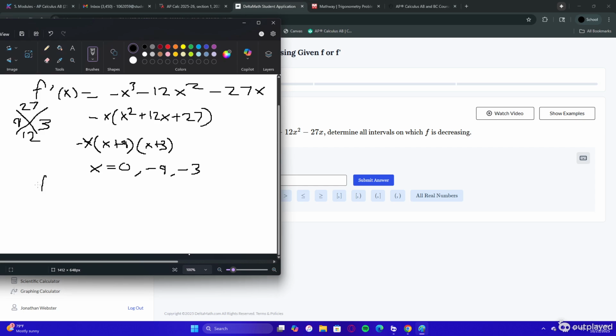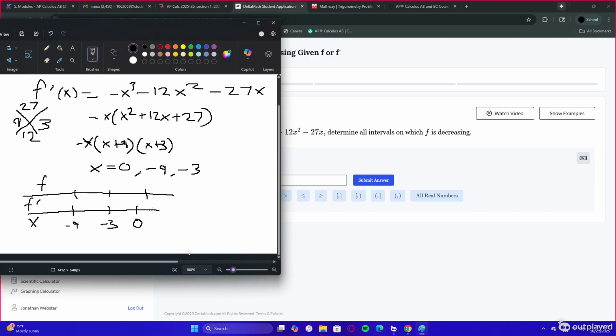And plugging those numbers into f prime of x, you would be able to find where f is increasing or decreasing. So negative 9, negative 3, and 0.